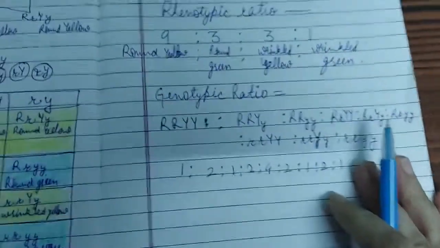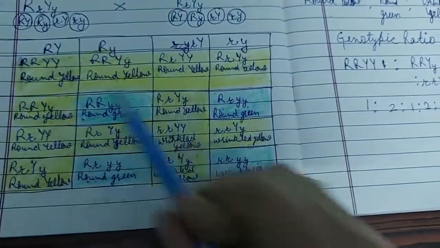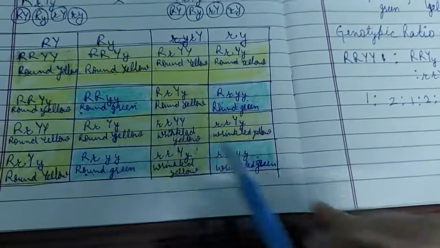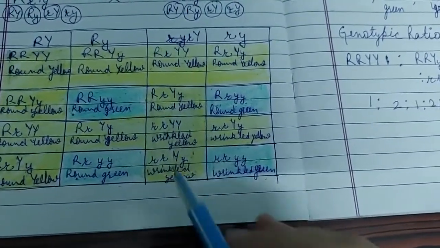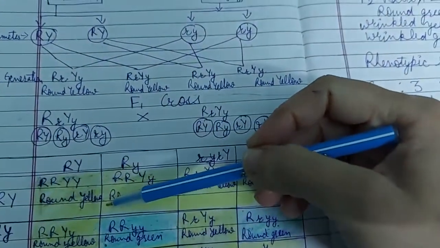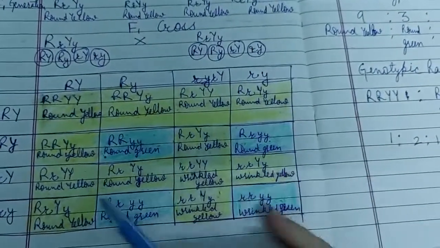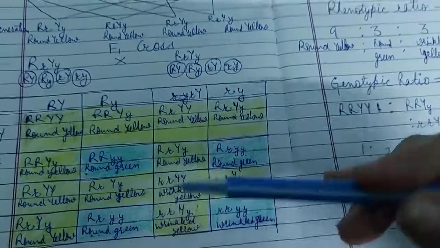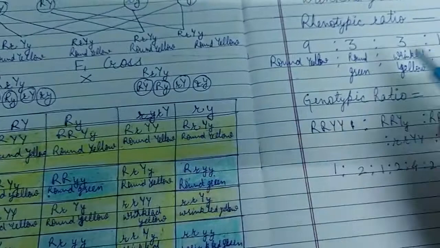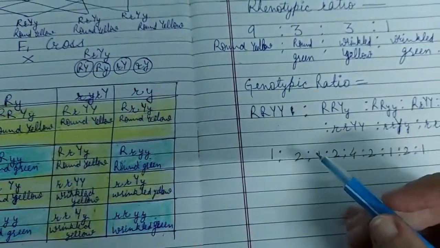So you can see that only two plants show results which resemble the two parents, one of the father and one of the mother, and the rest are all new plants with new genotypes. Some are new genotypes and some are new phenotypes.